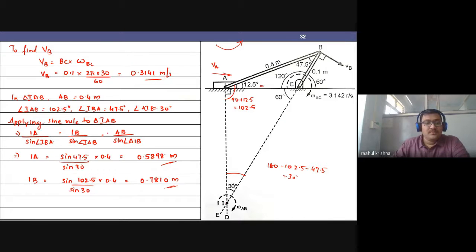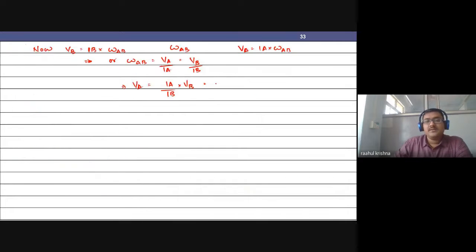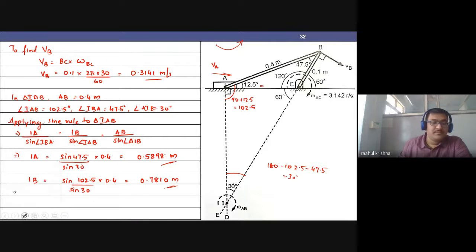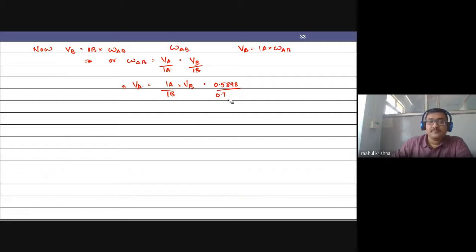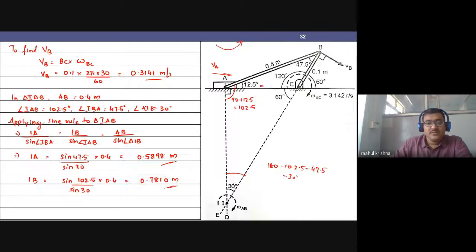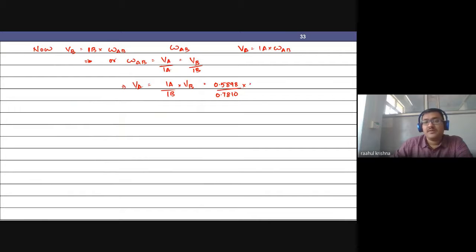So now to get VA, IA is 0.5898 upon 0.7810 into 0.3141.